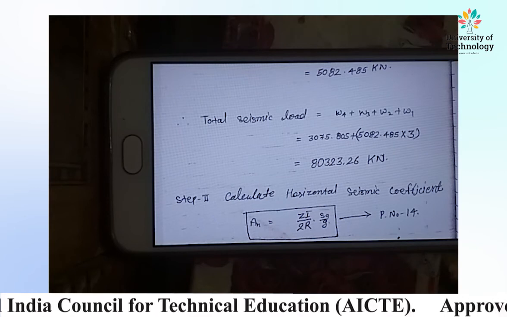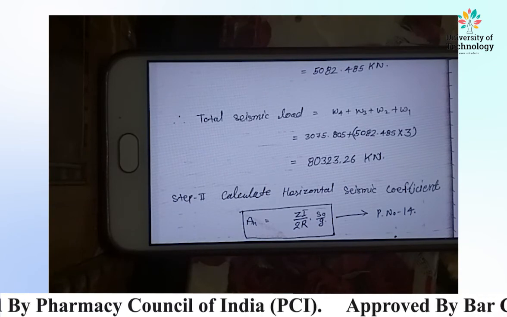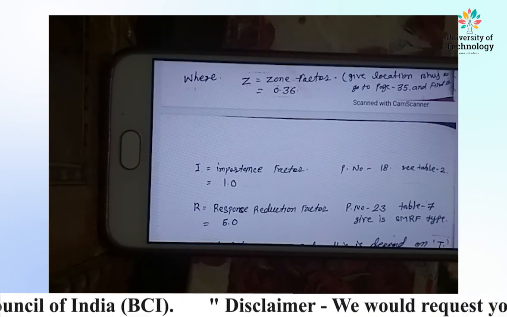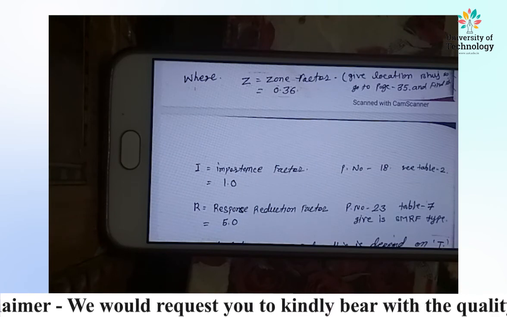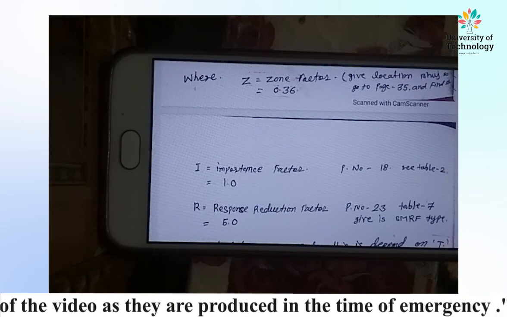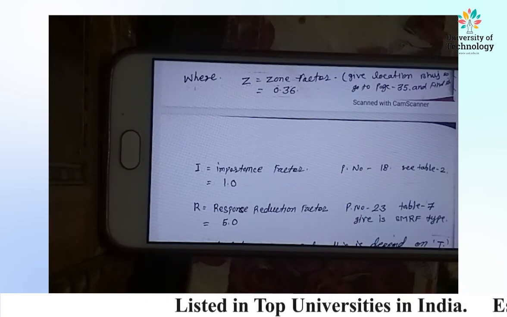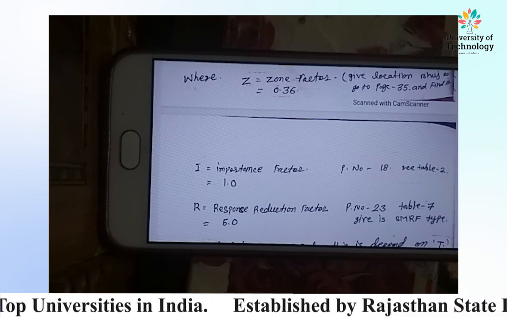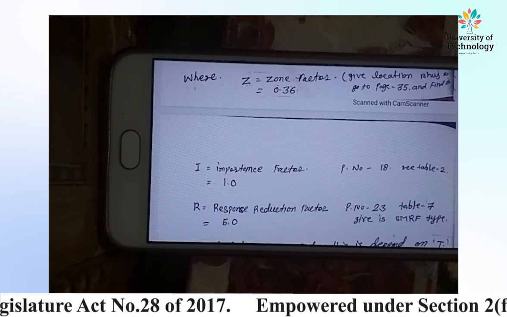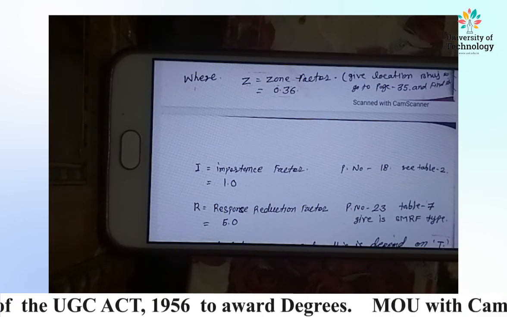Step second, calculate horizontal seismic coefficient as per page number 14. AH equals ZI upon 2R into SA upon g. For this formula, Z equals the zone factor, given location Bhuj, so go to page number 35 and find it, page 35, 36. I equals importance factor, which equals 1, given on page number 18, table number 2.